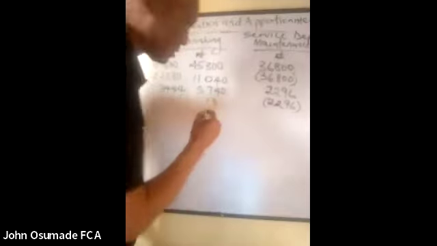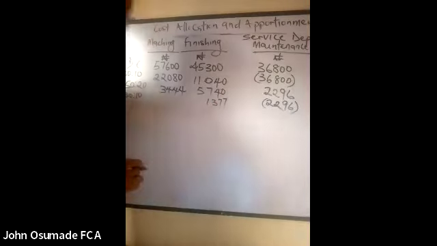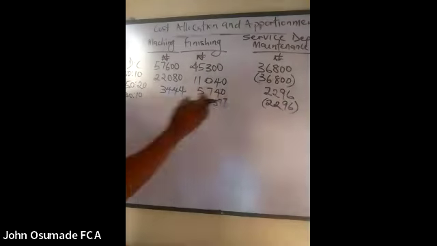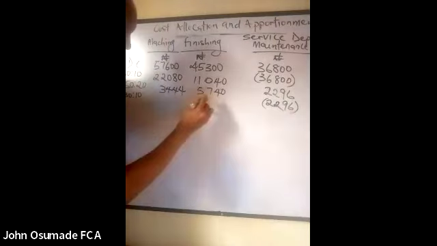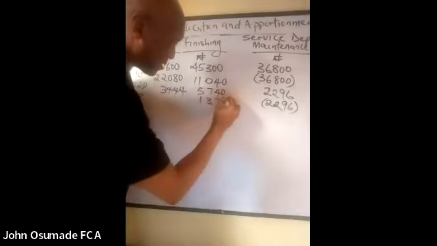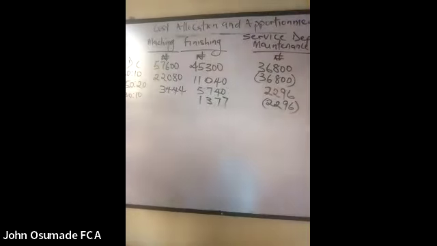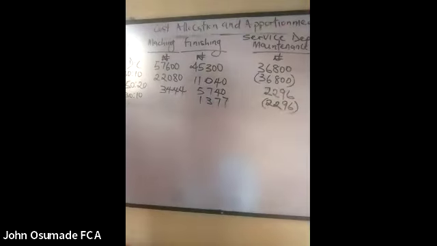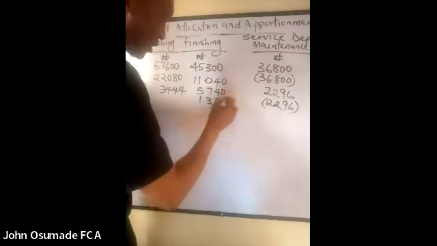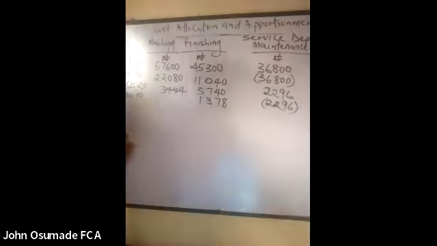Point six. 1377. Are you sure? 1377.6. That's 8. Let's say 1338. That's the balance.